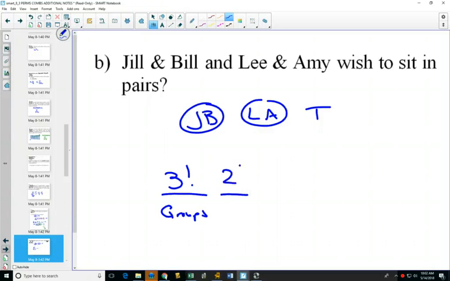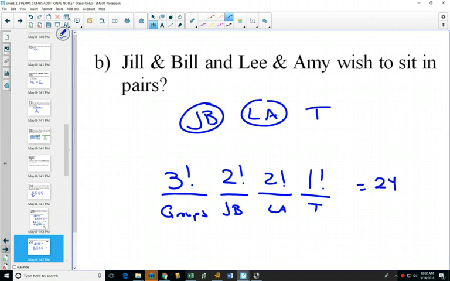Our first group can be arranged with 2 factorial. Our second group can be arranged with 2 factorial. And you don't have to put Tom in there, but you can if you want. And so we have 24 ways here.